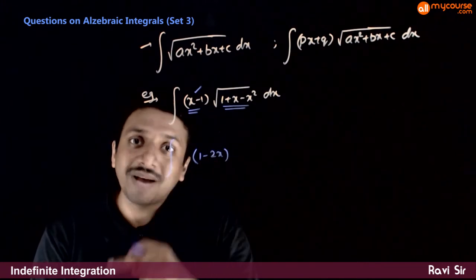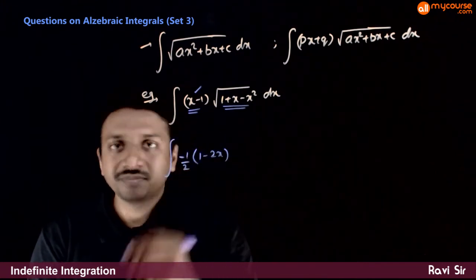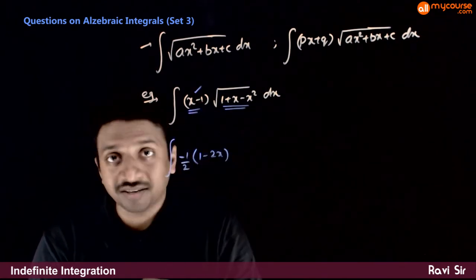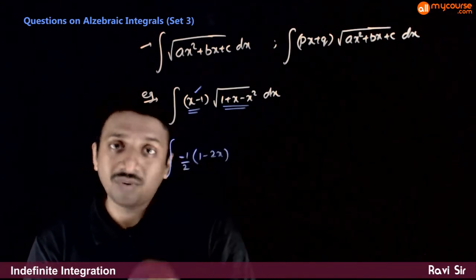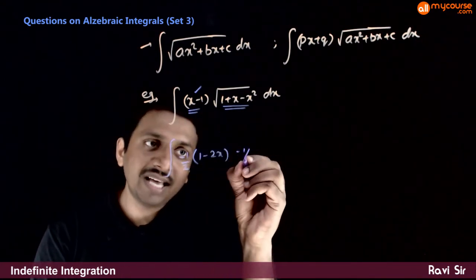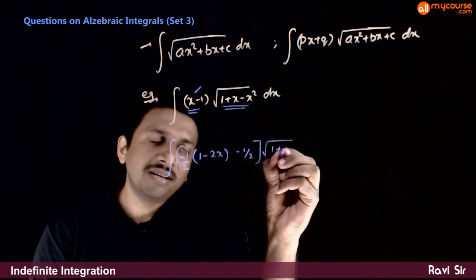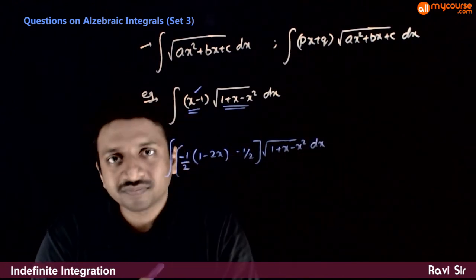The coefficient of x is minus 2 here. So I'll multiply it with minus 1 by 2. If I multiply it with minus 1 by 2, you get x here. But you have an extra minus half here, and I need a minus 1 here. So you need an extra minus half into root of 1 plus x minus x square dx.